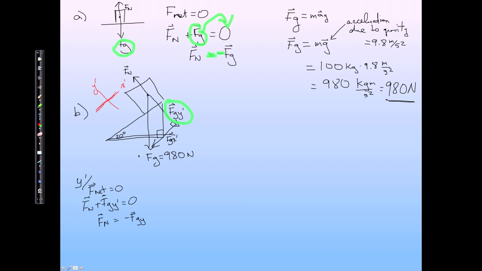Well, let's look at this triangle right here. Now, this is 20. This angle over here is formed between the horizontal and this force due to gravity, which is by definition vertical, which means that this is a 90-degree angle, which means that this right here is a 70-degree angle.